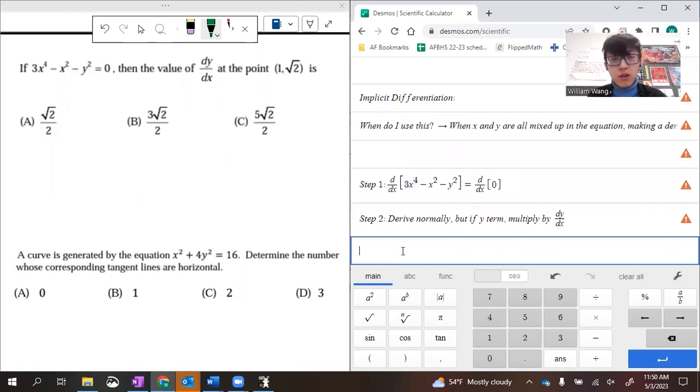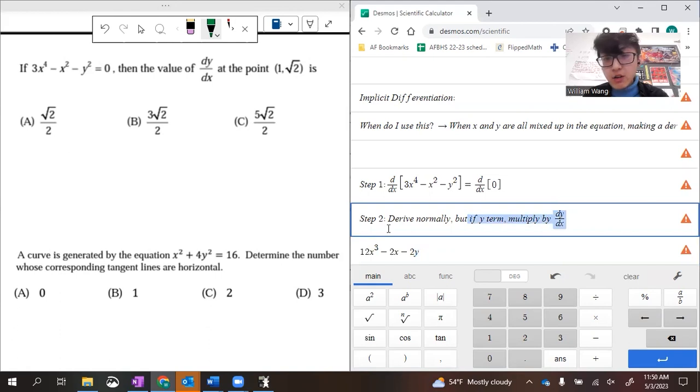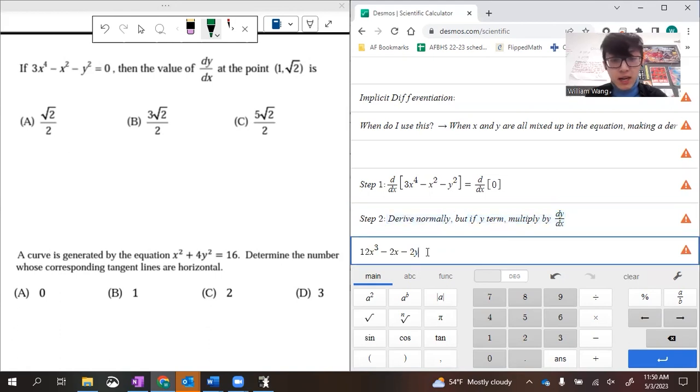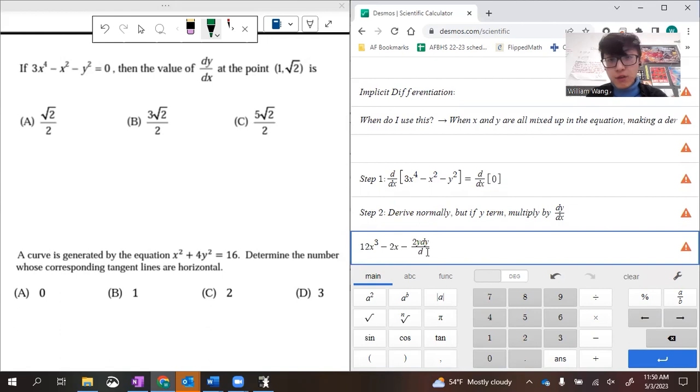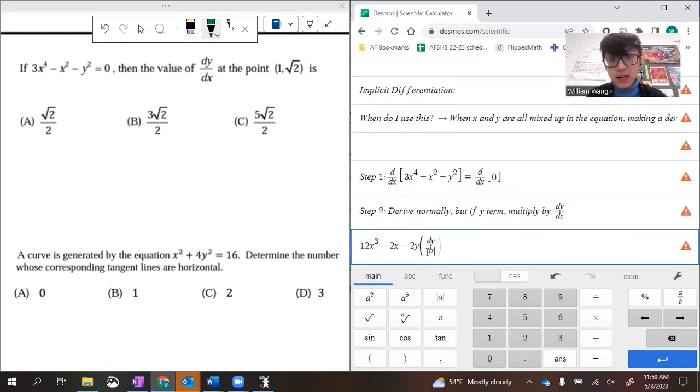It's going to be 12x cubed minus 2x minus 2y. And here, this 2y term, remember I said if it's a y term, I derive normally, but I also have to multiply by dy over dx. Cool. These other ones, the x terms, I don't have to worry about. All right, the derivative of 0 is just 0.